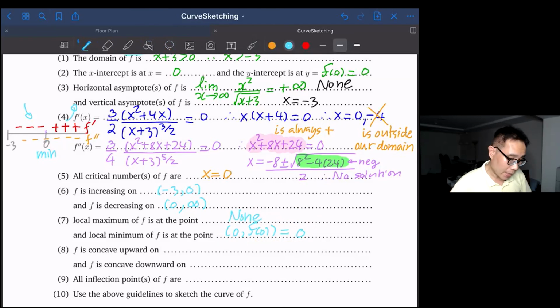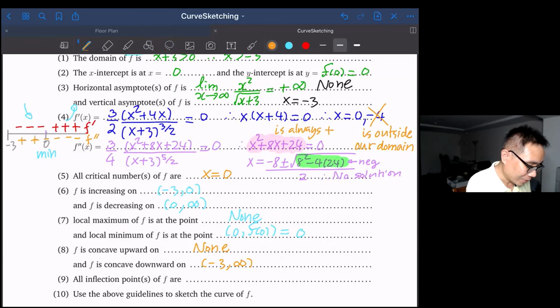Okay. And for concave up, concave down, you see that it's always concave down. So it's going to be -3 to infinity. And it's never concave up. Oh, I put this on the wrong side. Sorry, it's going to be positive.